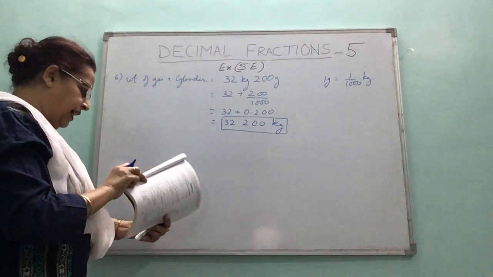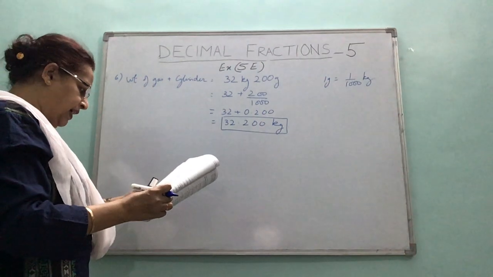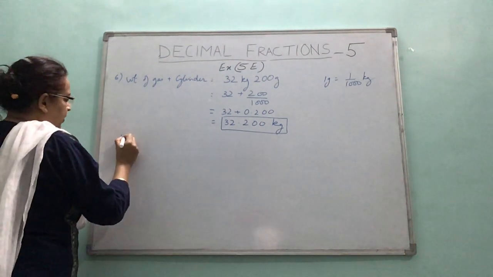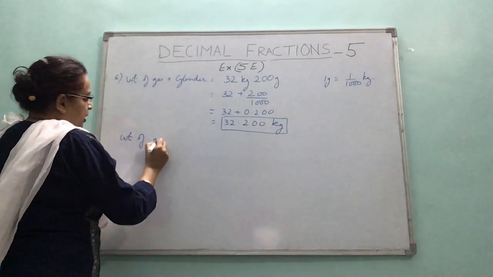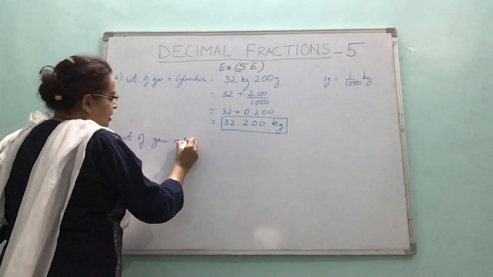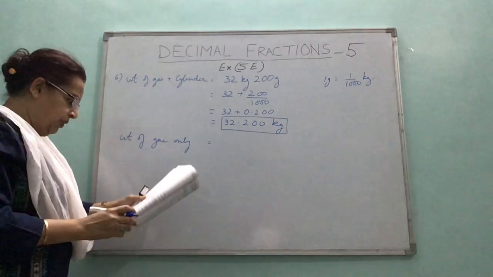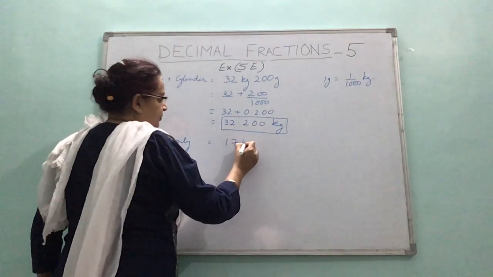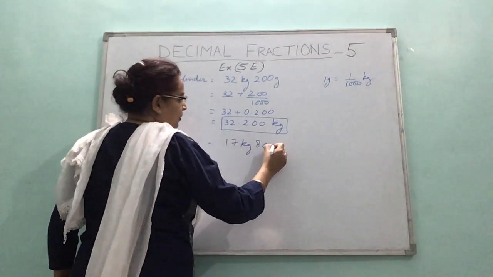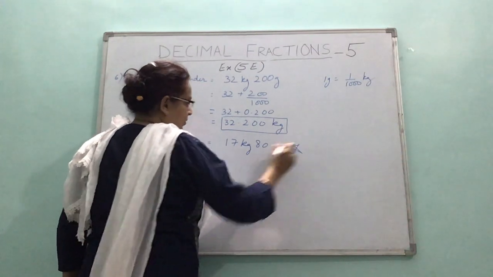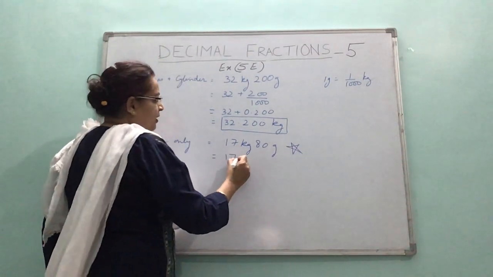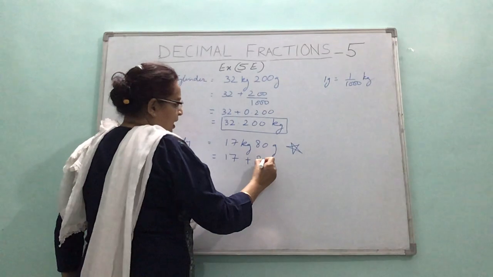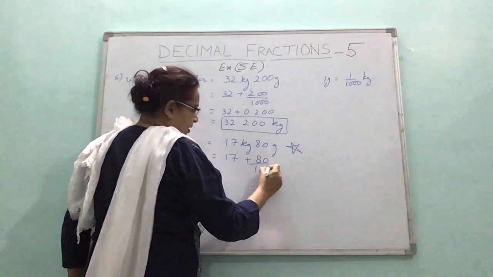And the weight of gas contained in it is so much. So only weight of gas. Weight of gas only, not the cylinder, is how much? 17 kg 80 grams. Warning. 17 plus 80 upon 1000.